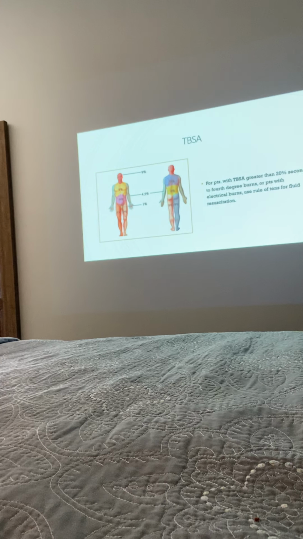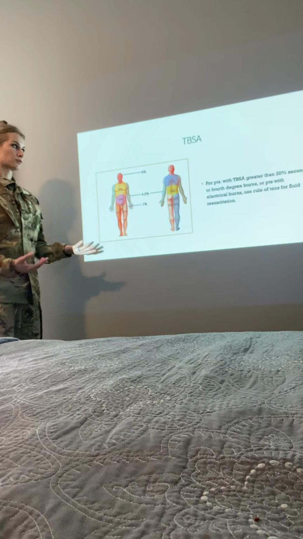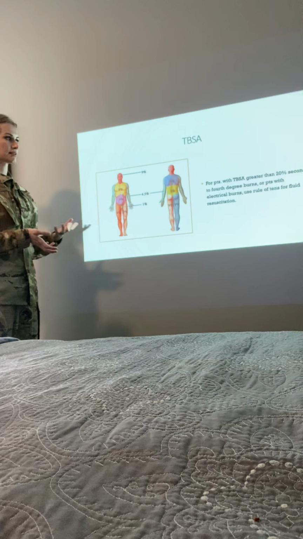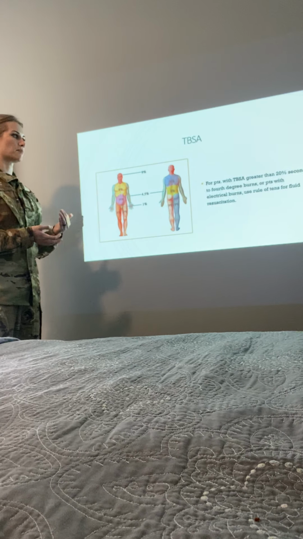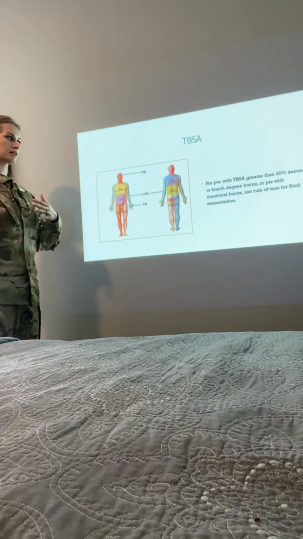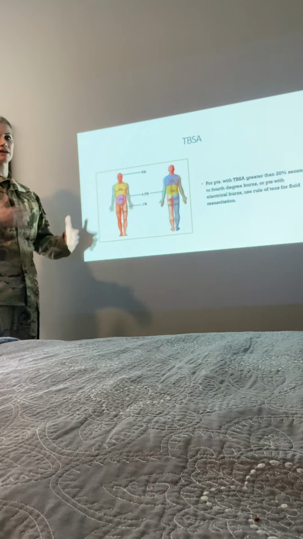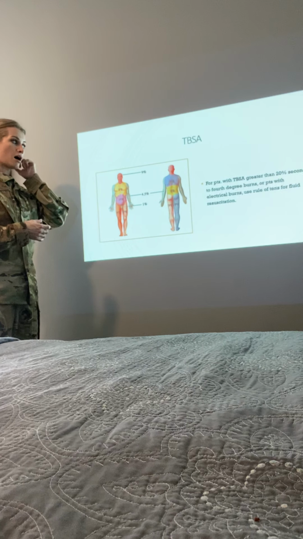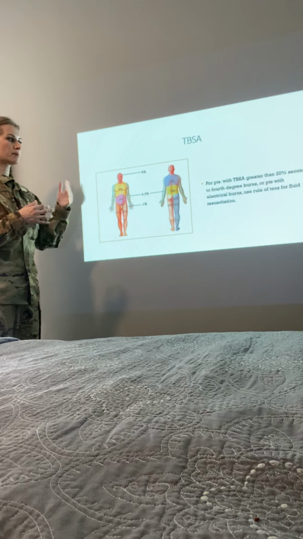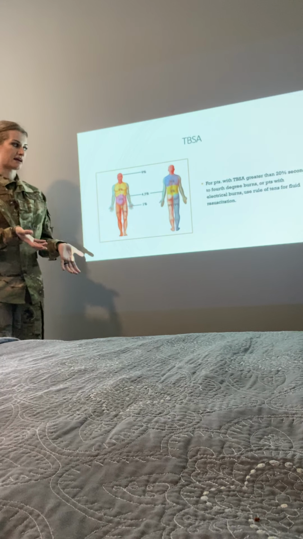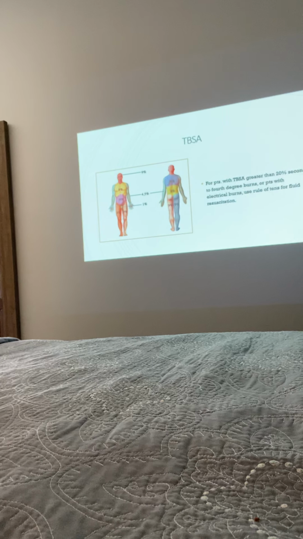So with burns, the thing you want to be thinking about is fluid resuscitation. Calculating an accurate TBSA is essential for managing these patients. Anybody with a TBSA greater than 20%, second to fourth degree burns. Again, first degree doesn't calculate into your TBSA. But for those patients, as well as electrical burn patients, use the rule of tens for fluid resuscitation.